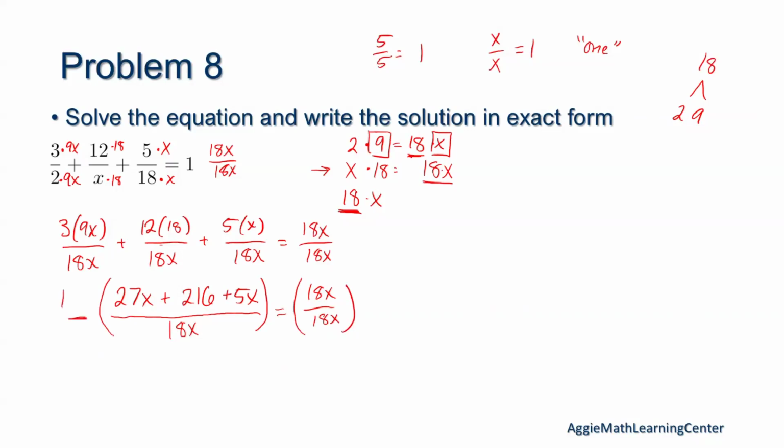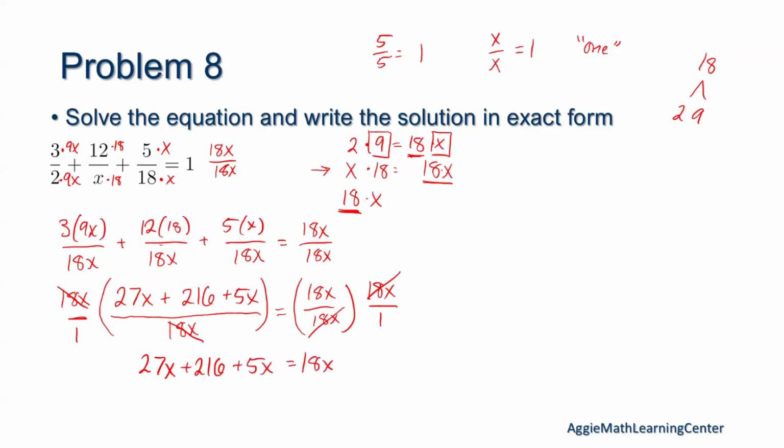If I multiply by 18x here, this would go away, right? But what I do to one side, I've got to do to the other side. Sometimes I like to put it over 1. Okay, so now we have 27x plus 216 plus 5x equals 18x.